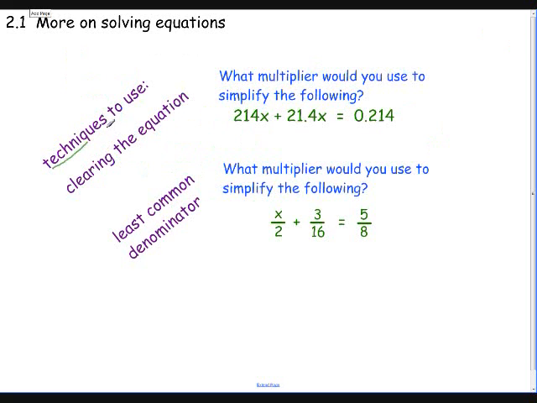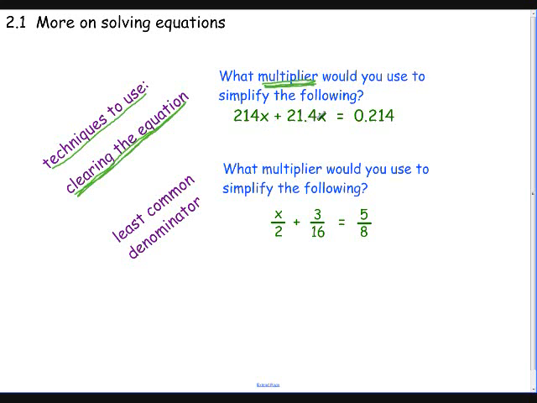Techniques that you can use when you have a decimal. Clearing the equation. It's very useful. What does that mean? That means we're going to get rid of the decimals altogether. In the case of this one, what multiplier would you use to get rid of all the decimals?